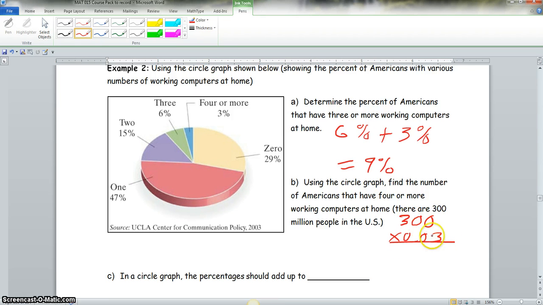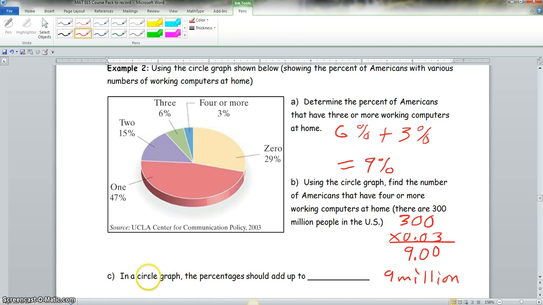Now we can multiply this by 3. This would be 0.009. We had 2 digits behind the decimal, so that's 9.00, which we know is 9. And we're dealing with millions, so it's 9 million. Now that is your final answer for B.